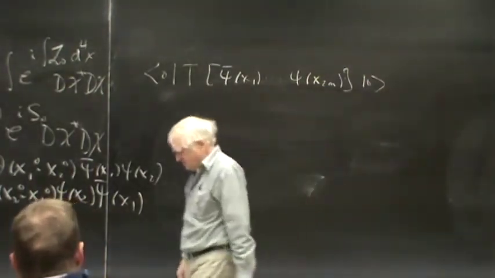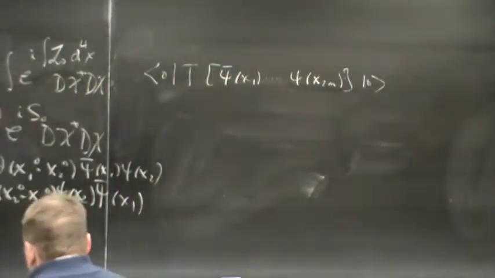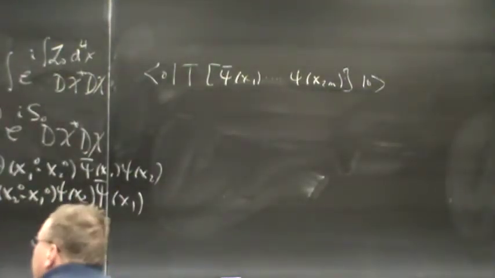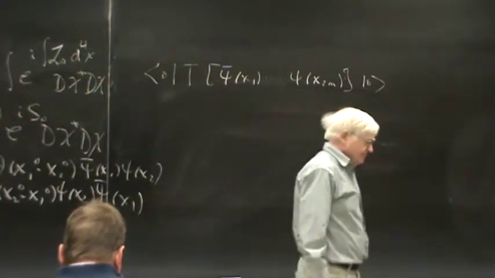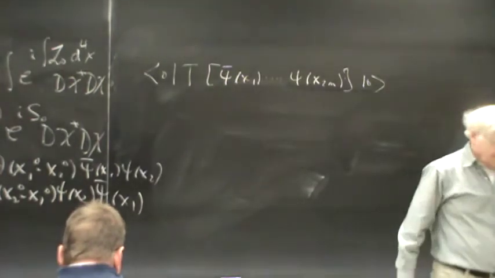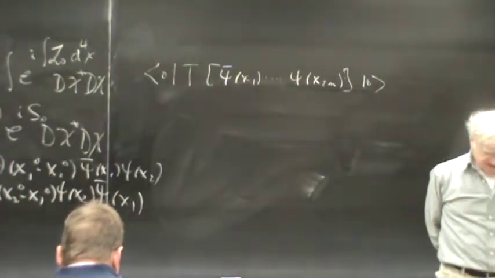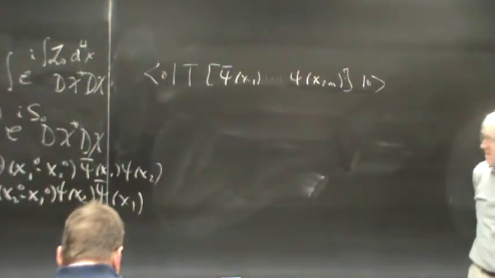In general, if you're taking a mean value of fermion fields, you want an even number of them, so that what you've got is the mean value of something that's even.